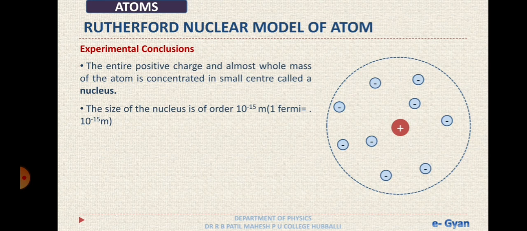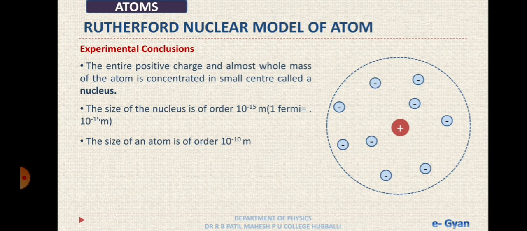The size of the nucleus is of the order 10 raised to minus 15 meter. So the size of the nucleus is always measured in Fermi, where 1 Fermi is equal to 10 to the power of minus 15 meter. Thomson had already given the size of the atom.